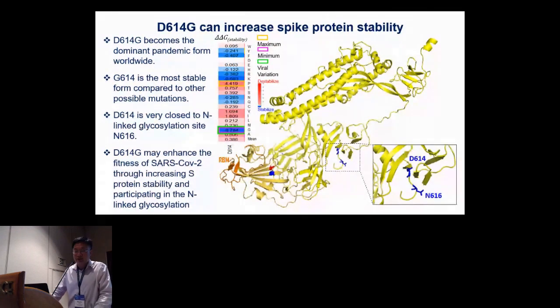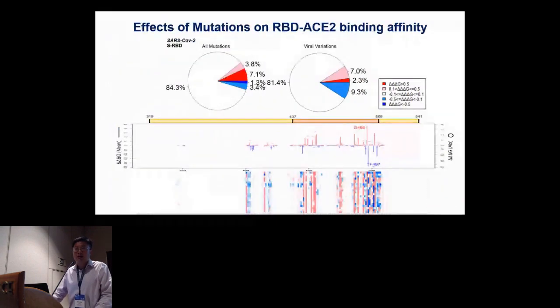It is also very interesting because this residue is very close to an N-linked glycosylation site. So we think this mutation may enhance the fitness of SARS-CoV-2 through increased protein stability, or may also be involved in post-translational modifications.